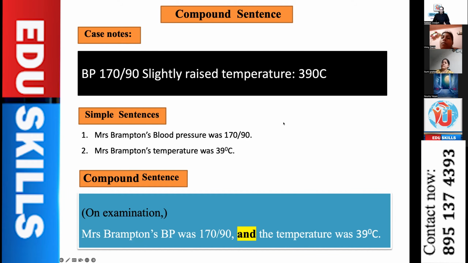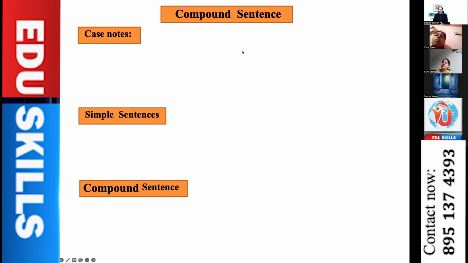So simple sentences combined with a conjunction make a compound sentence. And in OET and all competitive exams, you are supposed to use a variety of sentences to show your competency in grammatical range. You know different types of sentences. You cannot keep on writing all simple sentences. You need to write simple, compound, and complex sentences. If I'm going fast, you can stop me.